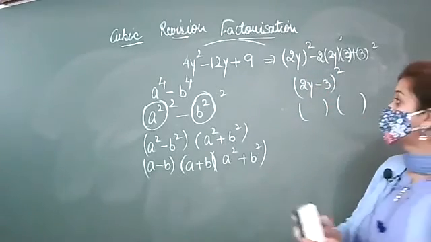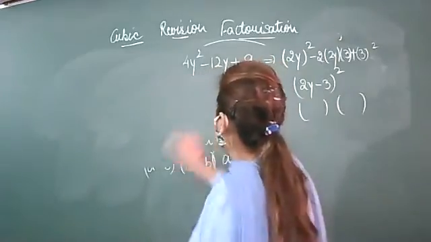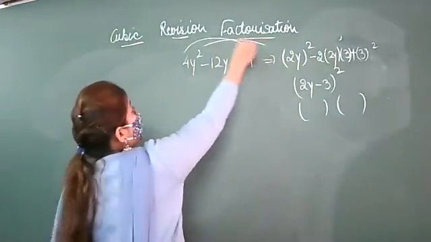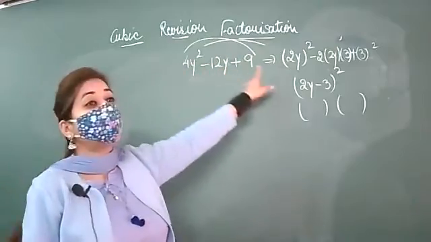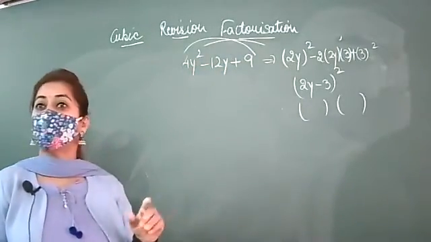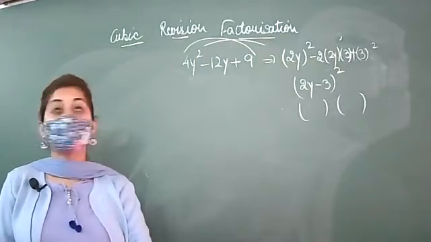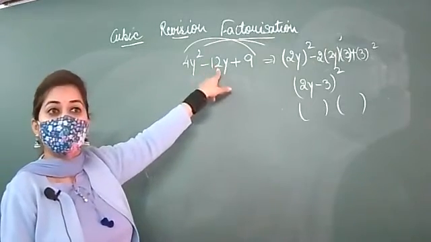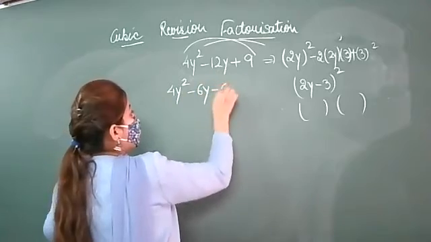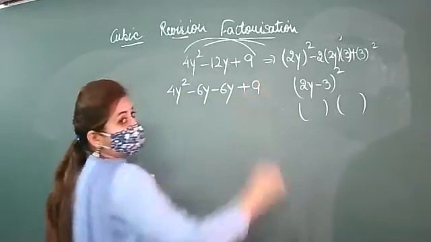Or you can use another method, the middle term splitting method, to solve the same question. Multiply the first term with the last term. 9 fours are 36, and factors of 36 are 6 and 6, and 6 plus 6 gives 12. So the factors are minus 6y and minus 6y, plus 9.